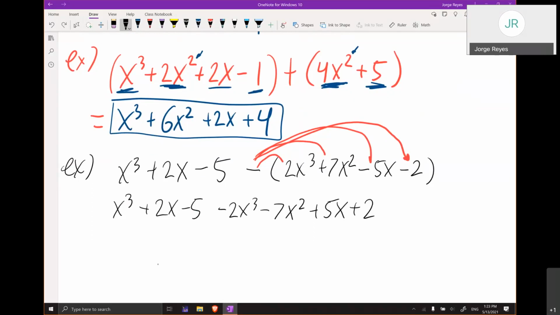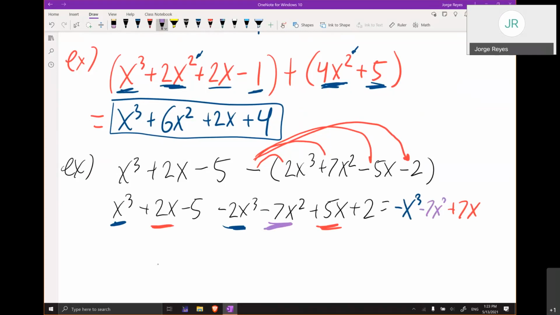Okay, and then now I'm just gonna, x cubed minus 2x cubed, that is negative x cubed. Okay, 2x, 5x, that is 7x. Here I have this negative 7x squared.